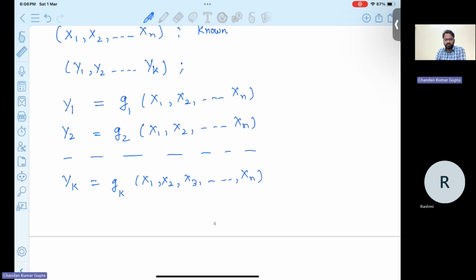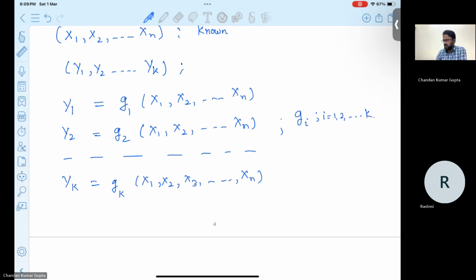We now have k transformed random variables, which depend on the random variables x1, x2 up to xn. Here the gi are Borel measurable functions.